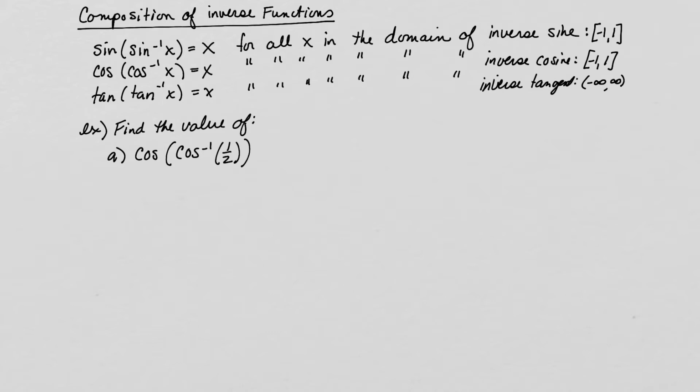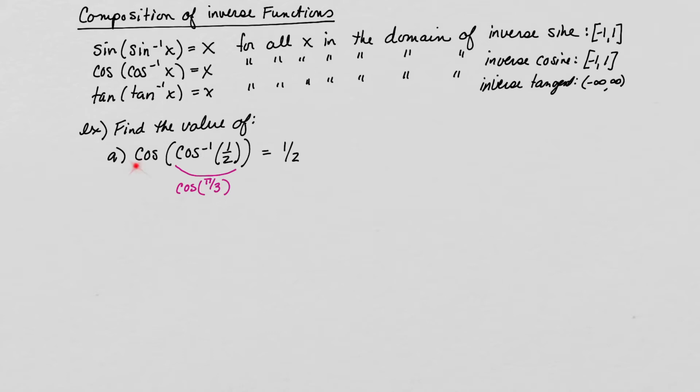And that's true. This inside part would turn out to be pi over 3, and then you'd be left with the cosine of pi over 3, and the cosine of pi over 3 is what? Yeah, 1/2. So you didn't have to do all that work, though.